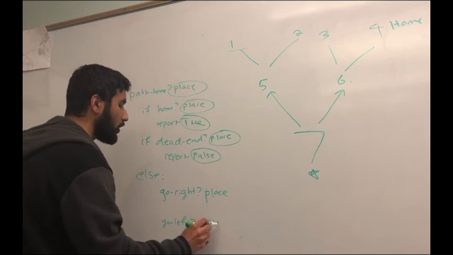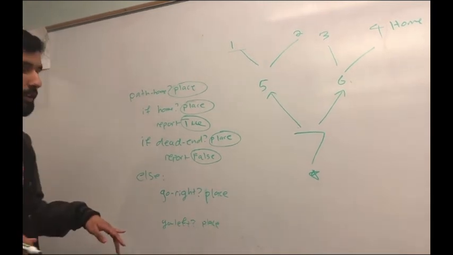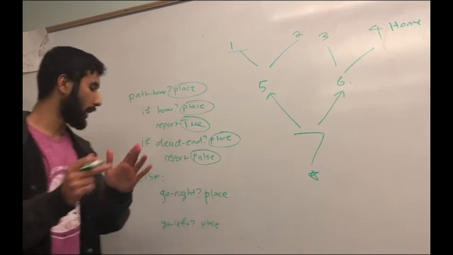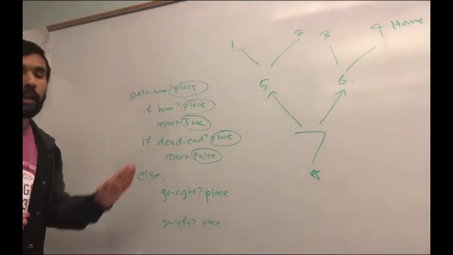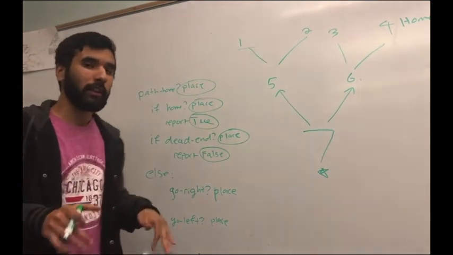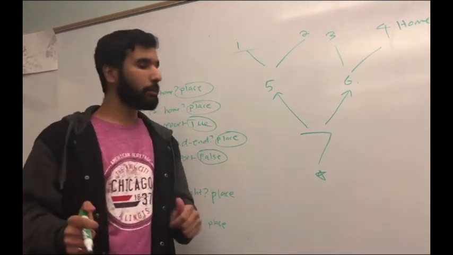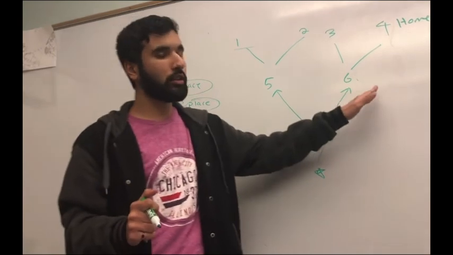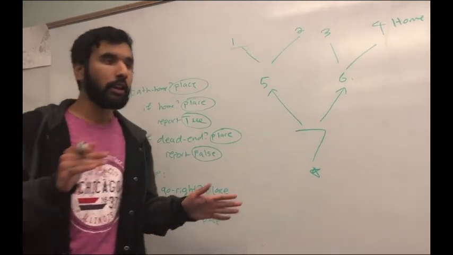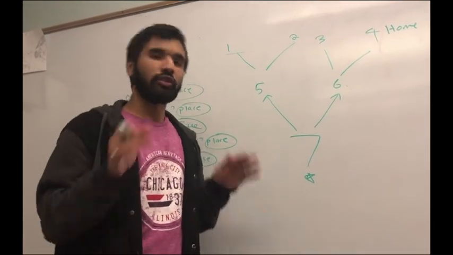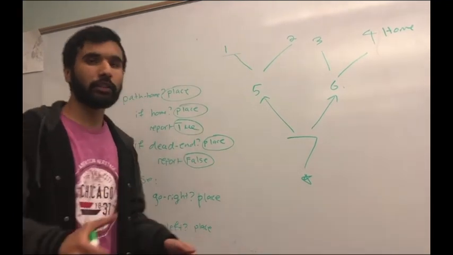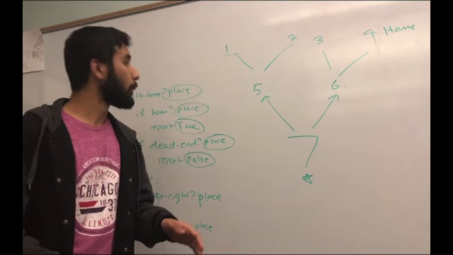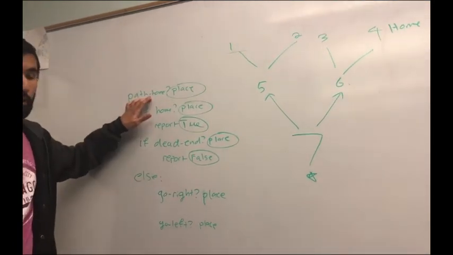What do we want to know about each of these, right? Recursion: divide, invoke, combine. We've divided our problem into the right half and the left half. Now we get to the invoke step. We take the leap of faith and we say, okay, once I go to the right, all I want to know is, can I get home from that place? So do we have a function that takes in a place and tells us if you can get home from that place? We do. It's the one we're writing.